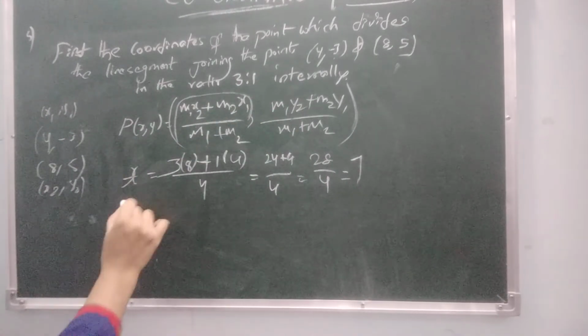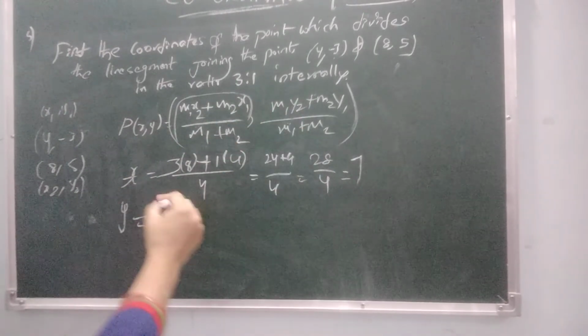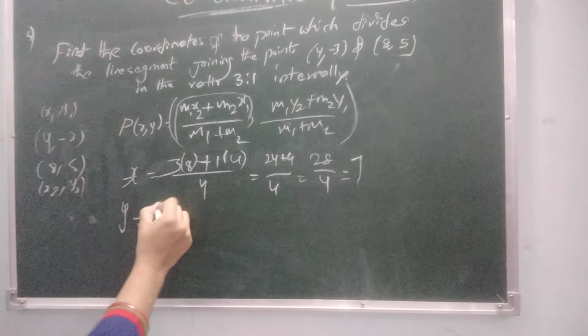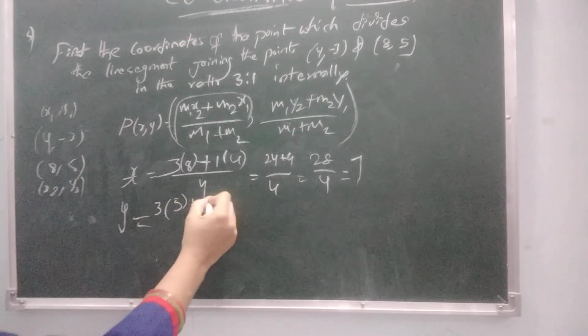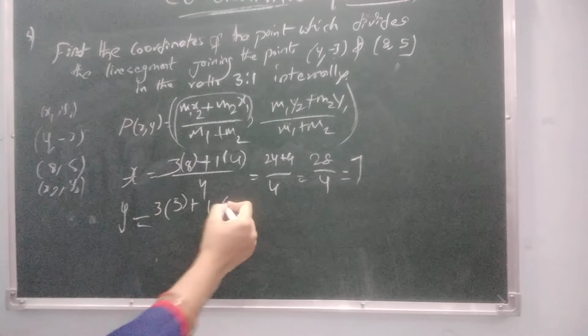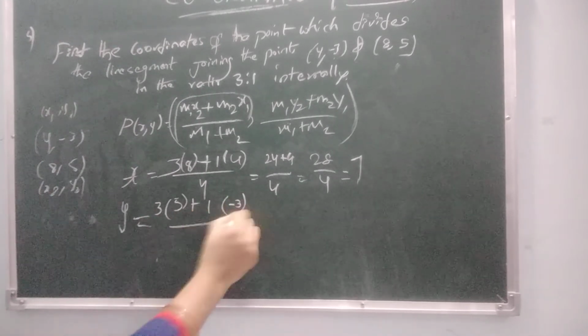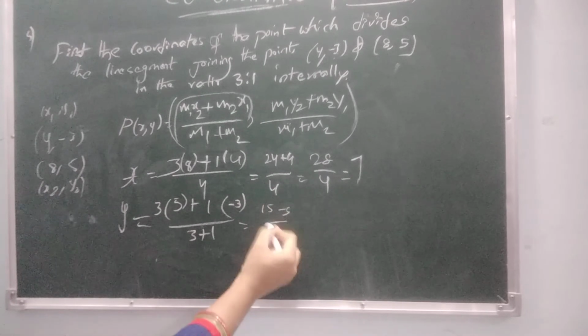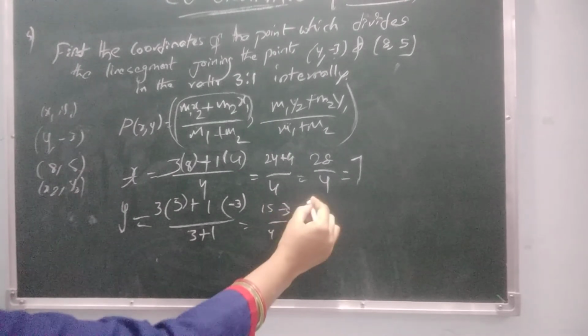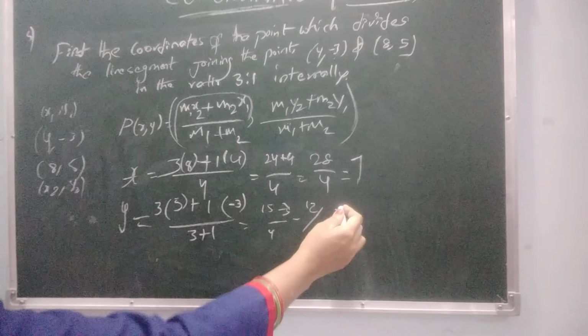Next, we will find this: 3 into y2 means 5 plus m2 means 1 into y1 means minus 3 by m1 plus m2, that means 15 minus 3 by 4, that means 12 by 4, that means 3.